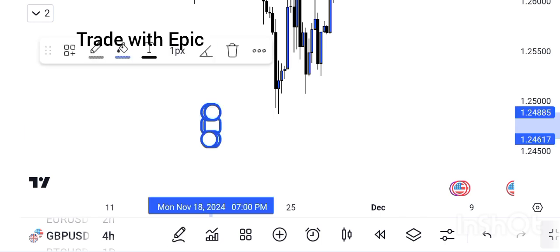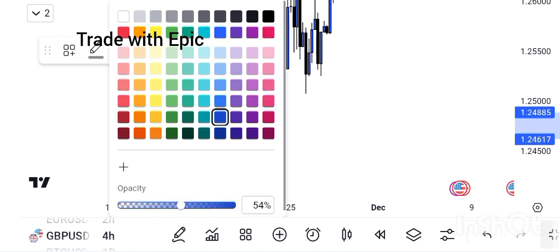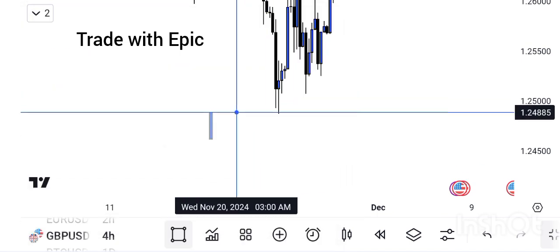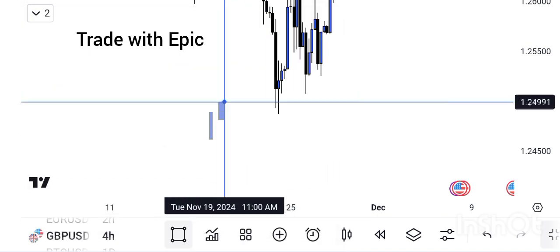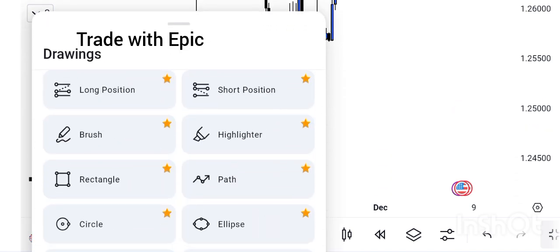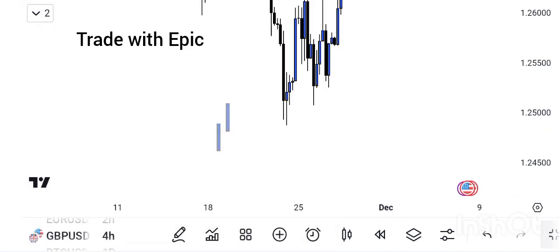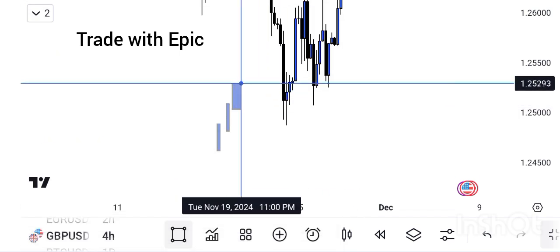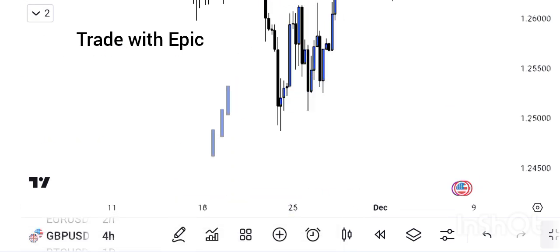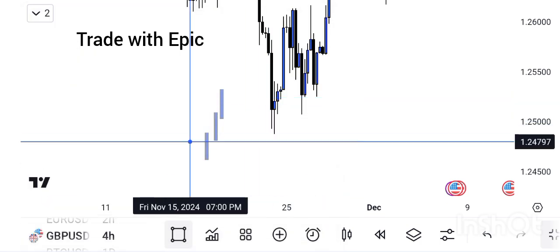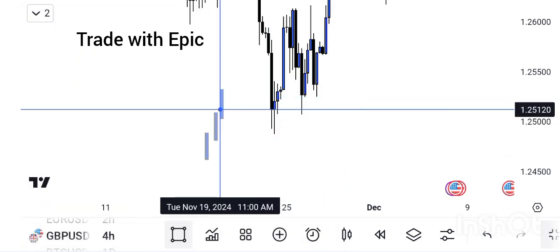For example, we have candle 1, which is blue, and then the next candle, another blue, and then another candle. So at this moment you can see that we have three consecutive candles: candle 1, candle 2, and candle 3.